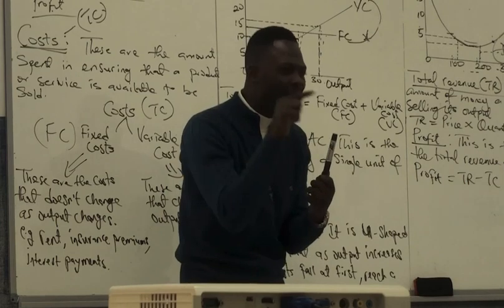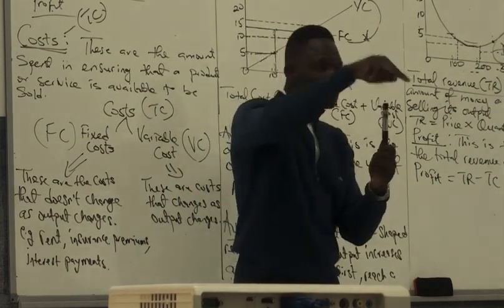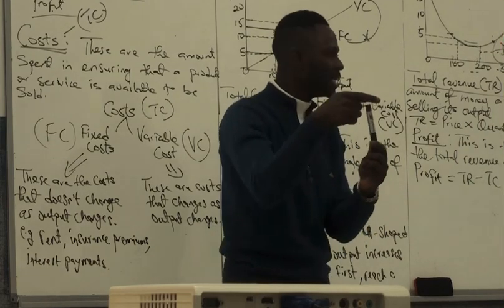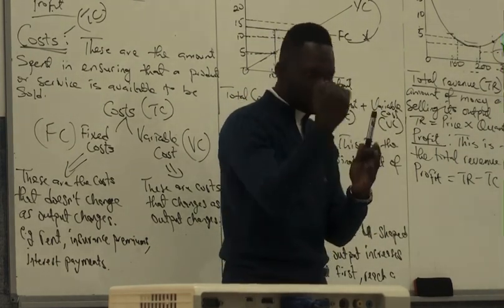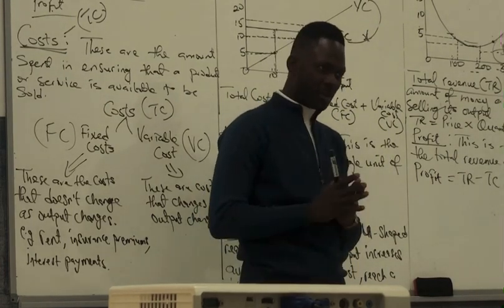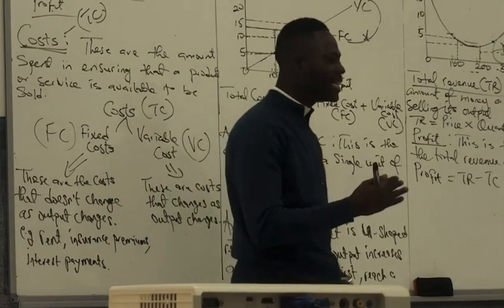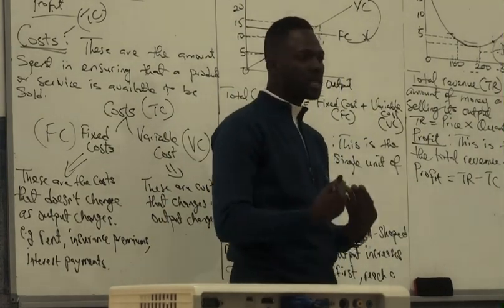I would not pay the same price as I used to pay for 100. So when I divide the cost I pay by the output I have, you will see that the average cost starts reducing. That's why when output increases, the average cost of production should fall. Is it clear?